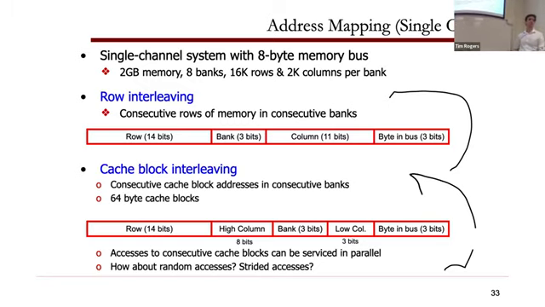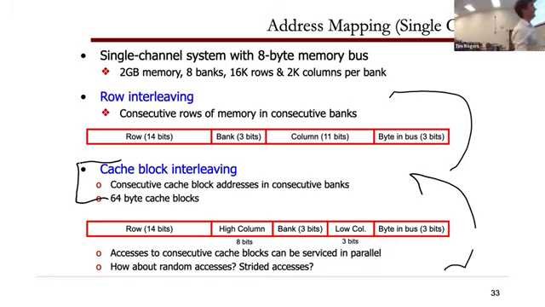Other questions? Why was the split of the column bits kind of arbitrarily at 3 bits for the low column before you start spraying across the bank? Because I wanted here to ensure that consecutive cache blocks lived in different banks. That was my stated purpose of this address mapping.